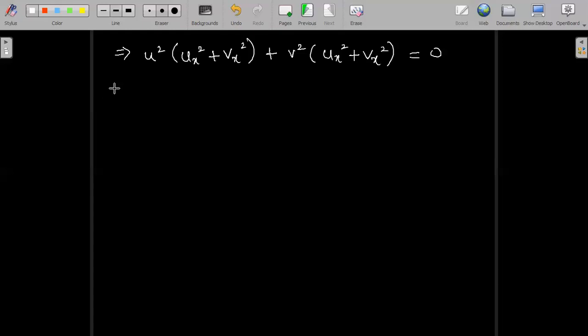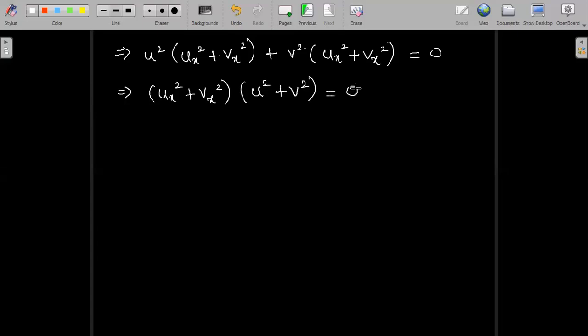Taking u square common in the first two terms, what do I remain is ux square plus vx square. Similarly, in the next terms, v square common and we remain again ux square plus vx square is equal to 0. Now again ux square plus vx square is common and we remain u square plus v square is equal to 0.